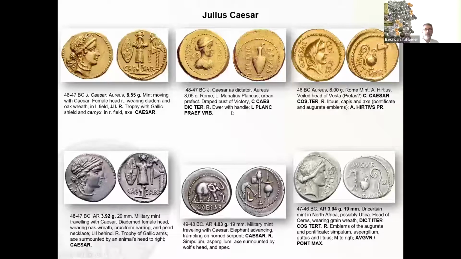And on this one, we have a direct bust of Victory, and on the reverse, an ewer with handle. And here we have a veiled head of Vesta, most likely not Pietas, and on the reverse, religious emblems. And the same types appear in silver, like here, and this one, and the reverse of this one.